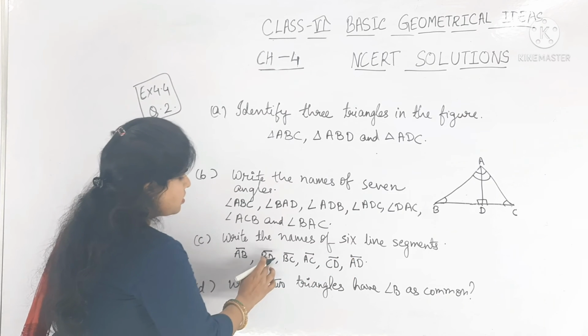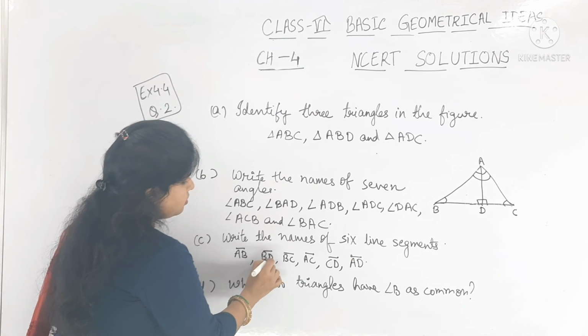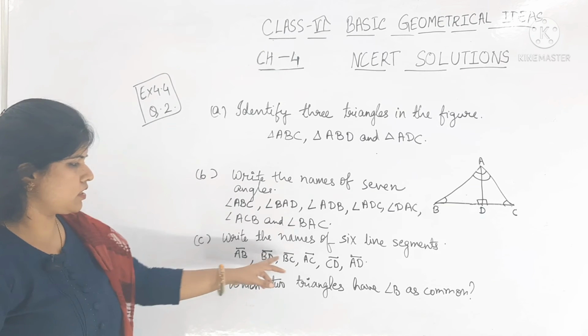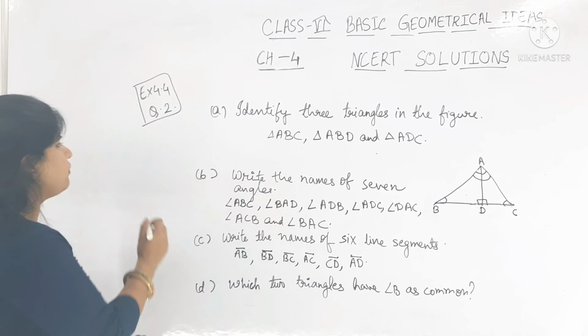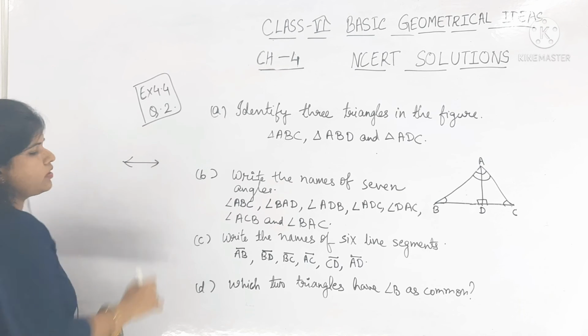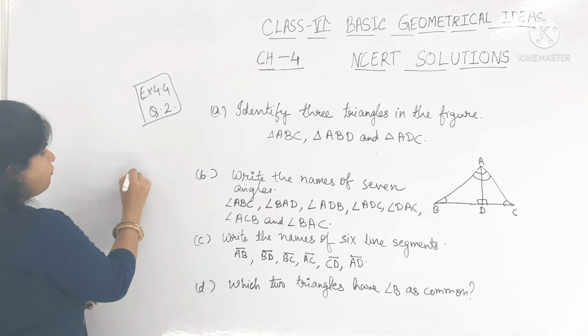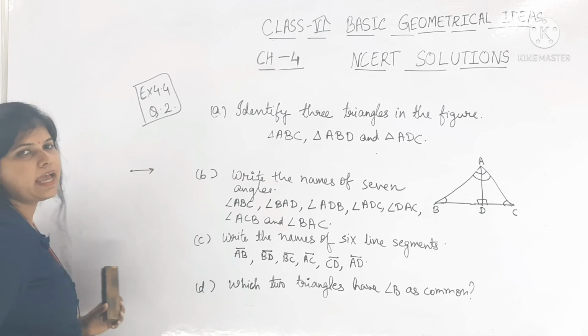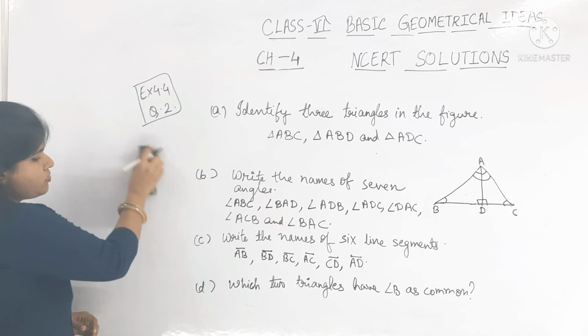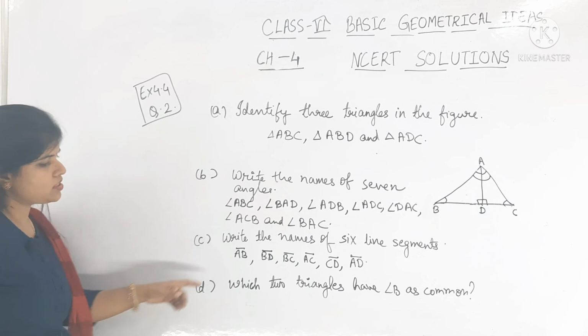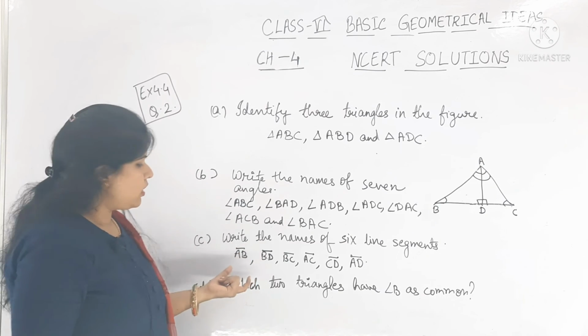So total is 6 line segments. You should remember that you have to mark like this for the line segment, and for the line, the marking is with arrows. This is for line, and this is for line segment, and for ray, 1 dot and 1 arrow. So this is necessary to put in the names.